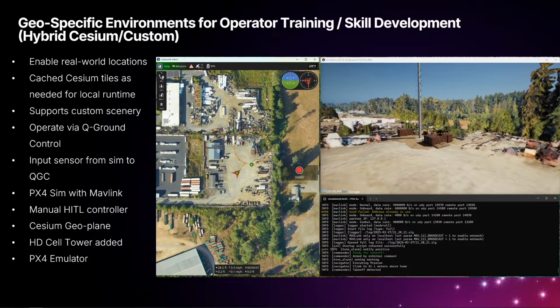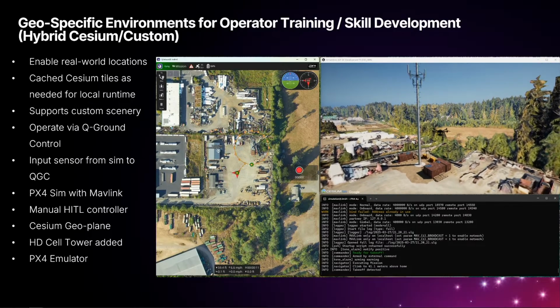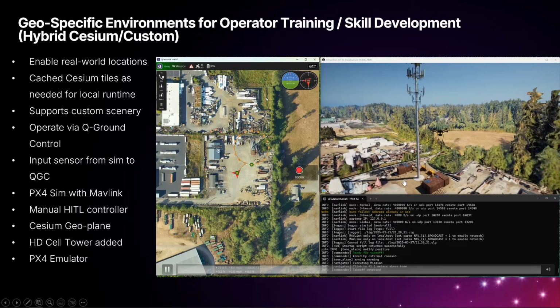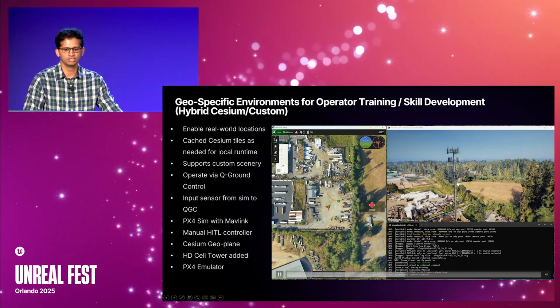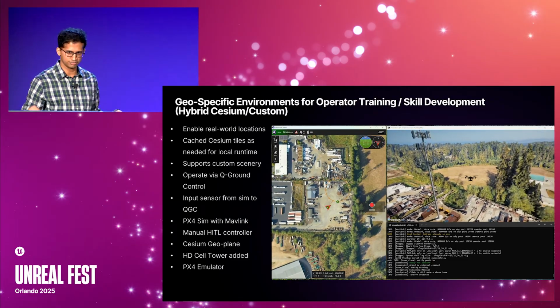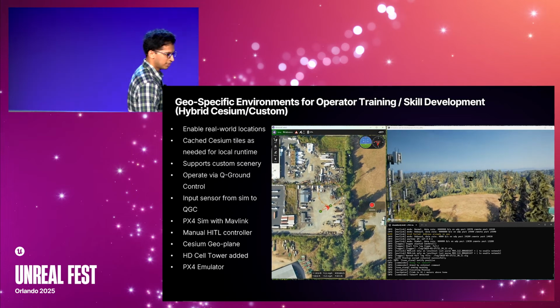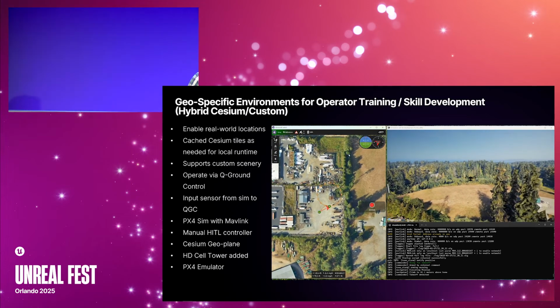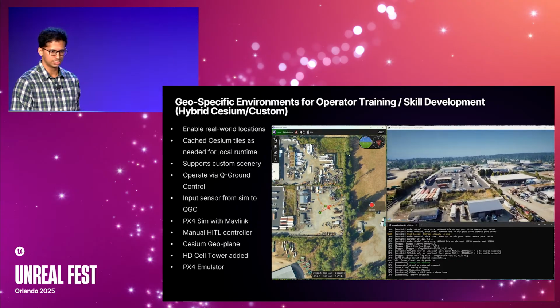Cesium is bringing in Google Maps where our drones are flying in Unreal, but the cell tower asset is a synthetic asset, right? This little thing over there was placed, georeferenced, in a specific location, and you could obviously cache the tiles for the rest of the scene, and you've got your nice-looking asset out there. Oftentimes a lot of people might have these models, like CAD models, that exist in their workflow, so they can very seamlessly ingest them into the sim.